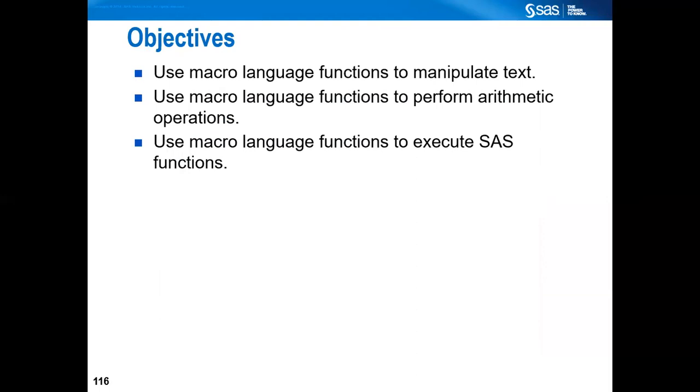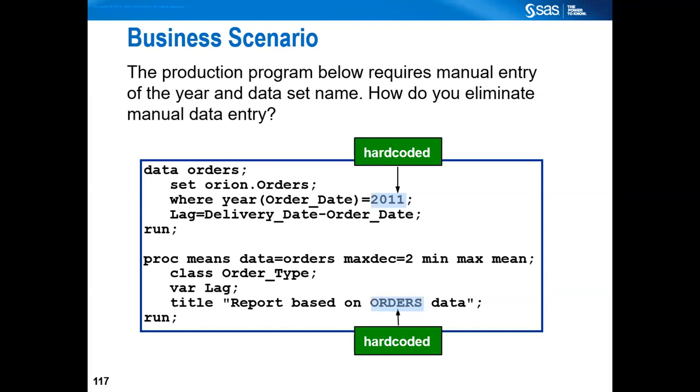Moving ahead with this topic, look at this scenario. The production program below requires manual entry of the year and dataset name. How do you eliminate your manual data entry part here? What you are doing here is creating a table from Orion.orders, only for the order dates placed in the year 2011.